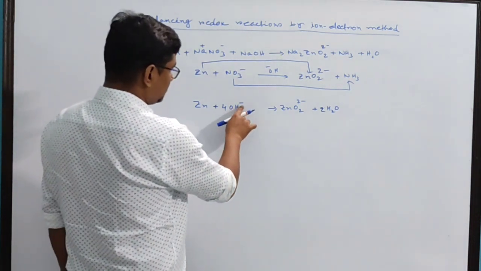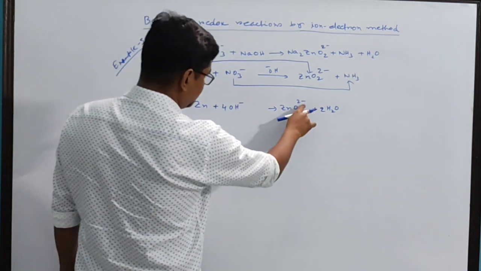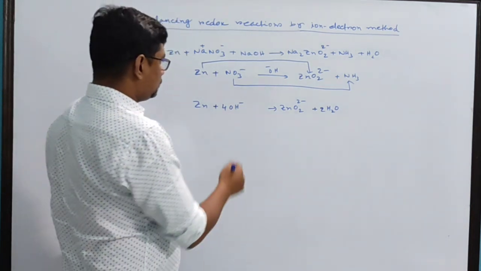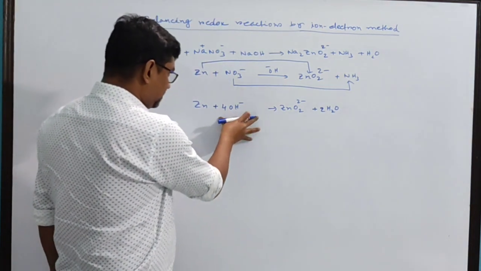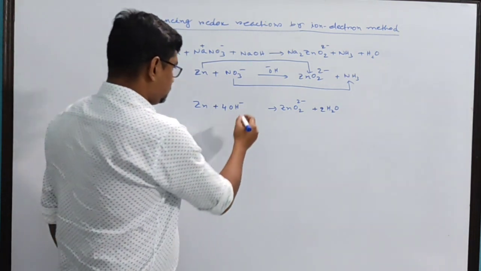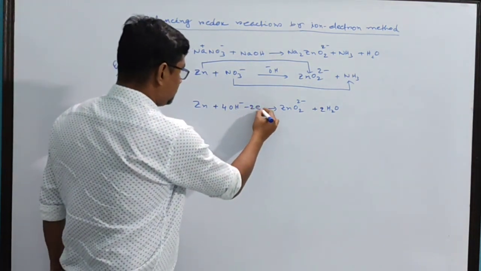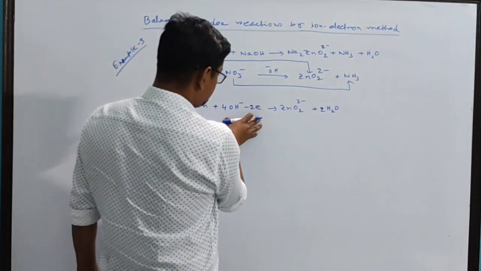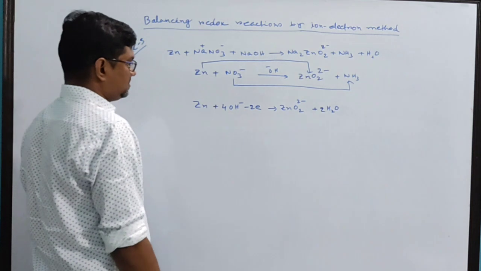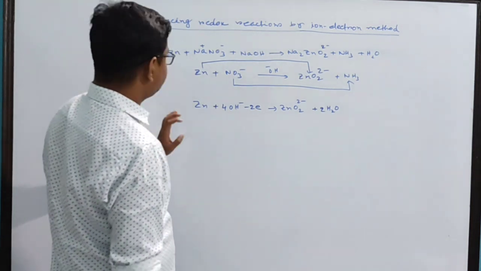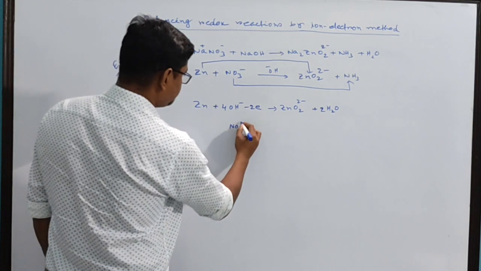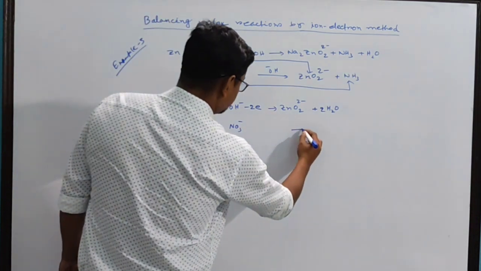Here 4 negative ions are there and here 2 minus charge, so we have to make 2 negative charge only at the left hand side. So for that, if we remove 2 electrons, then it will give 2 negative charge which will be balanced with the right hand side charge. This is done.